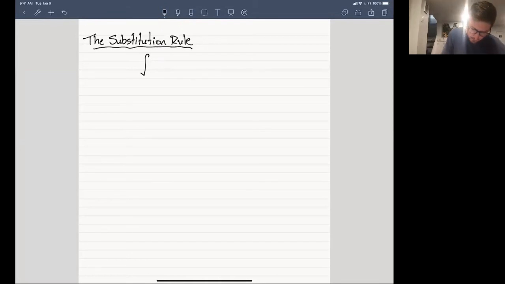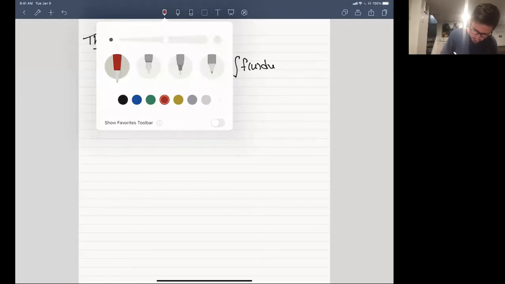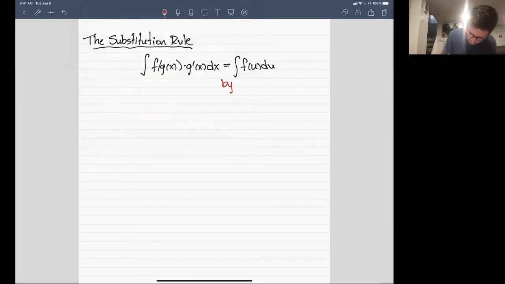So if I take the integrand of a chain rule, f of g of x times g prime of x dx, so if the derivative of the inside function is hanging out in back of this thing, then I can simply introduce u equal to g of x and see that this is the same as integrating f of u du.